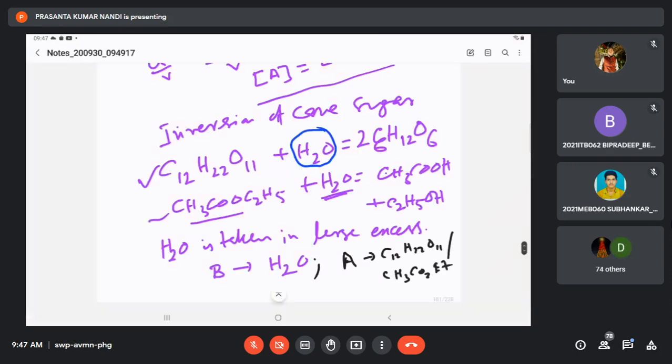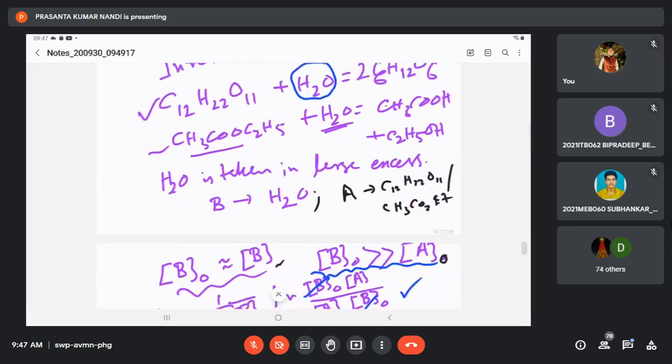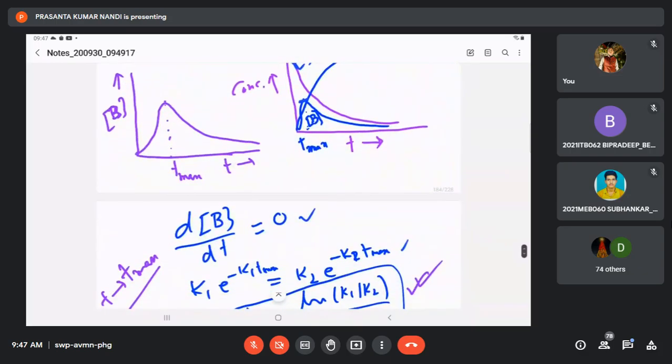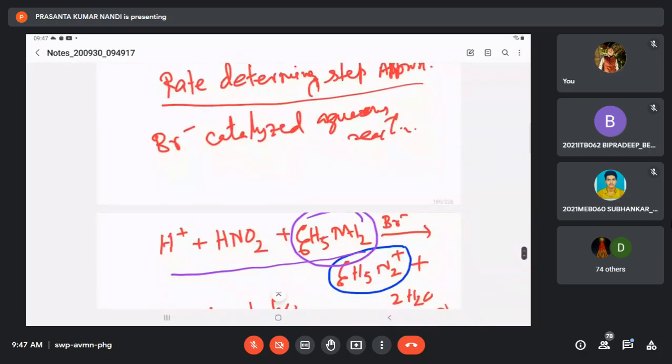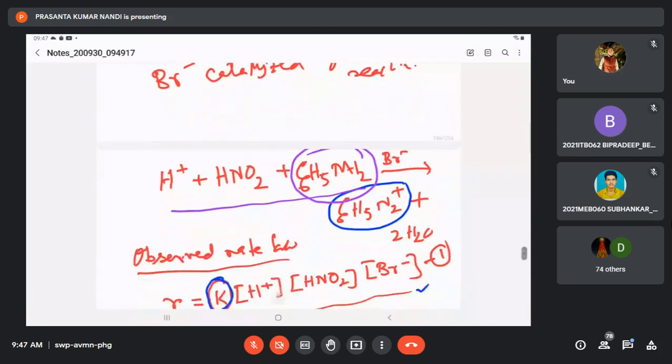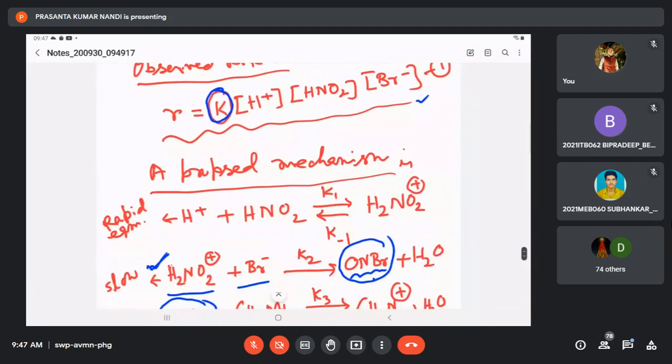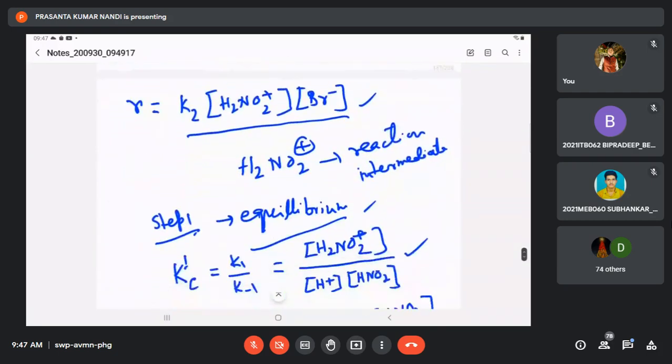Unless I give you the reaction mechanism, you cannot proceed anymore.